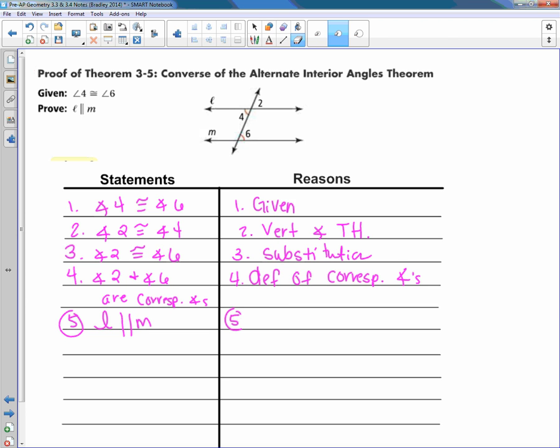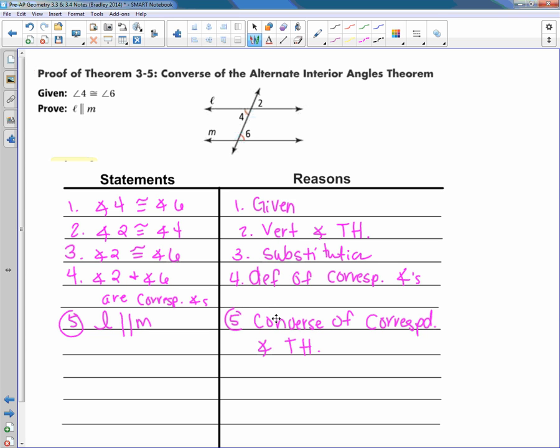Good. So that would be, oops, I need a pen. Converse of corresponding angles theorem. Now you won't have to guess at the actual wording because you'll have the postulate and theorem sheet, so you'll be able to see.